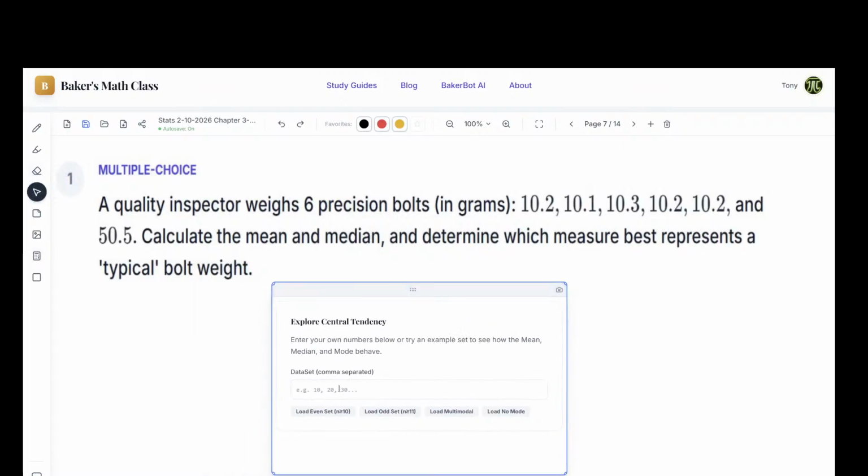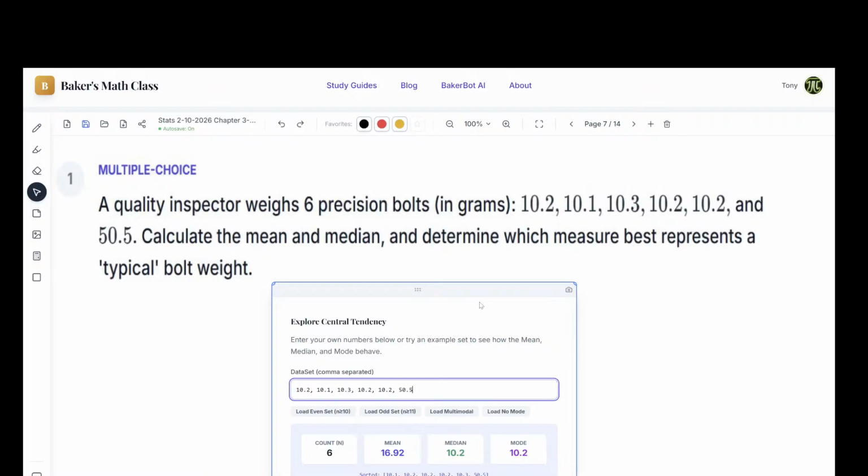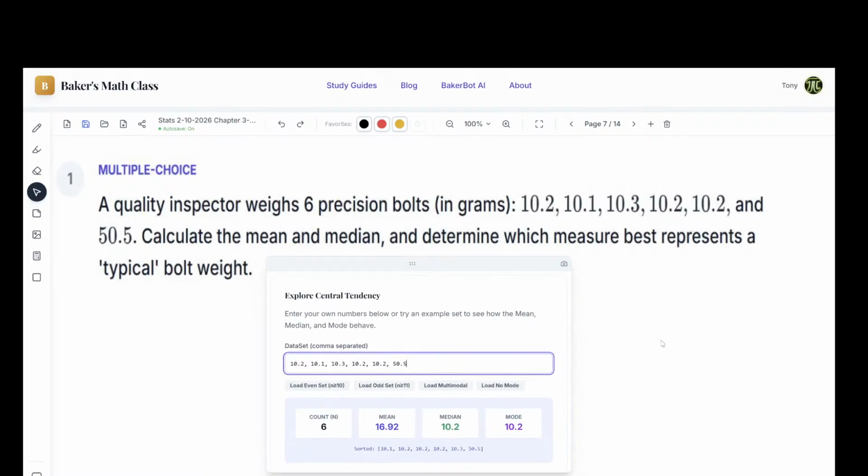There we go. All right, so we've got our numbers in there. We had 6 numbers. My mean is 16.92. My median is 10.2, and I have a mode of 10.2.